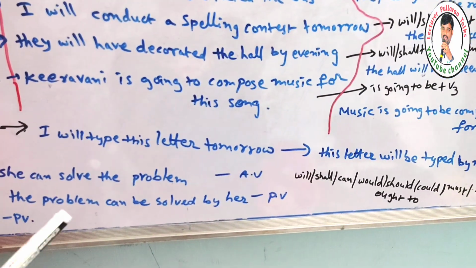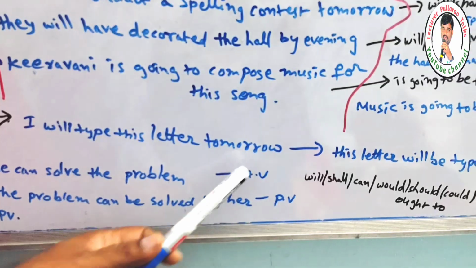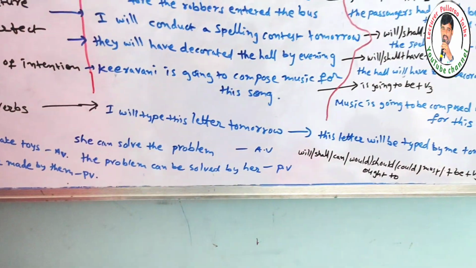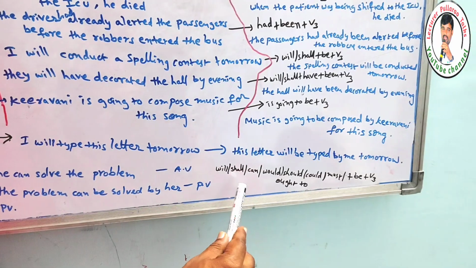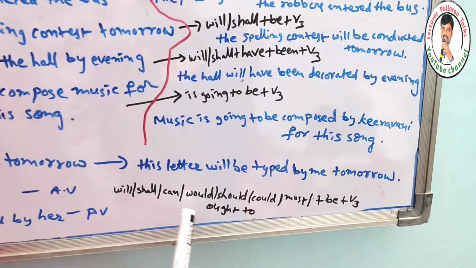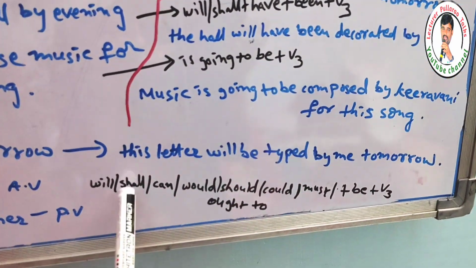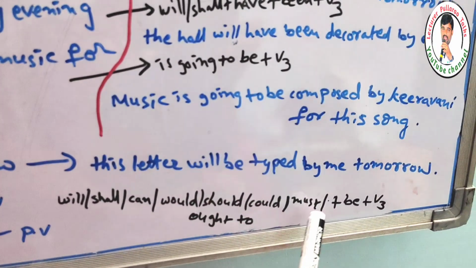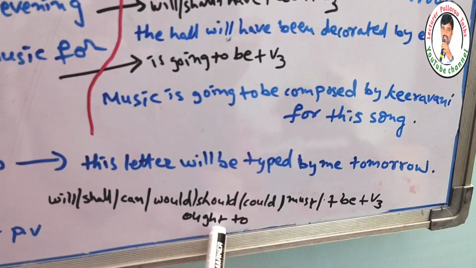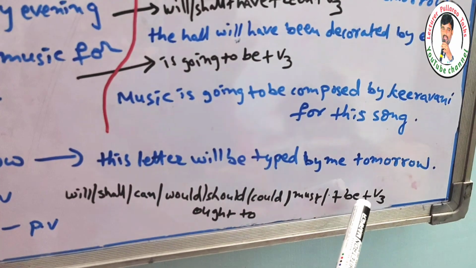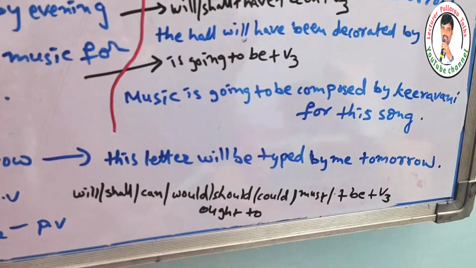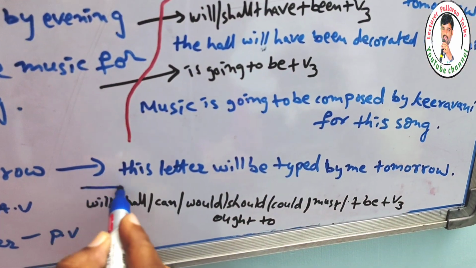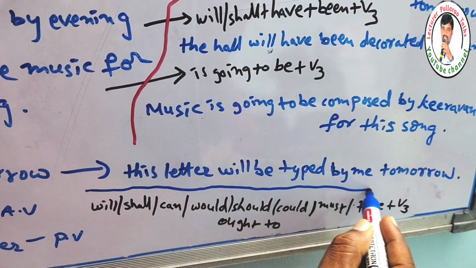This is active voice. And this is the structure: will, shall, can, would, should, could, must, ought to, plus be, plus V3. This is the structure for passive voice for modals.